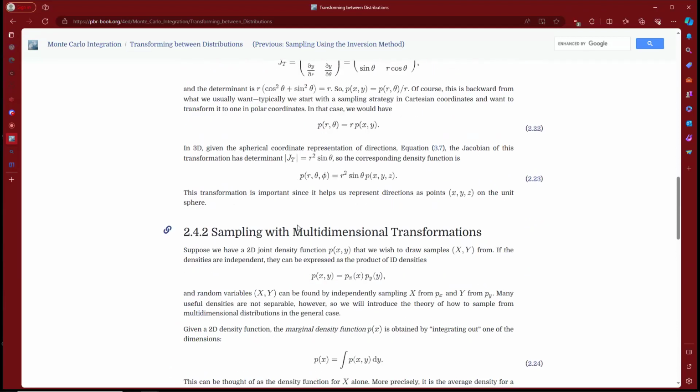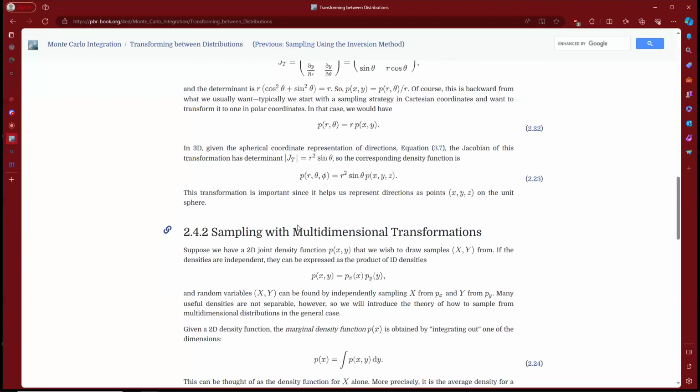In 3D, given the spherical coordinate representations of directions, equation 3.7, the Jacobian of this transform has a determinant absolute value of r squared sine theta.